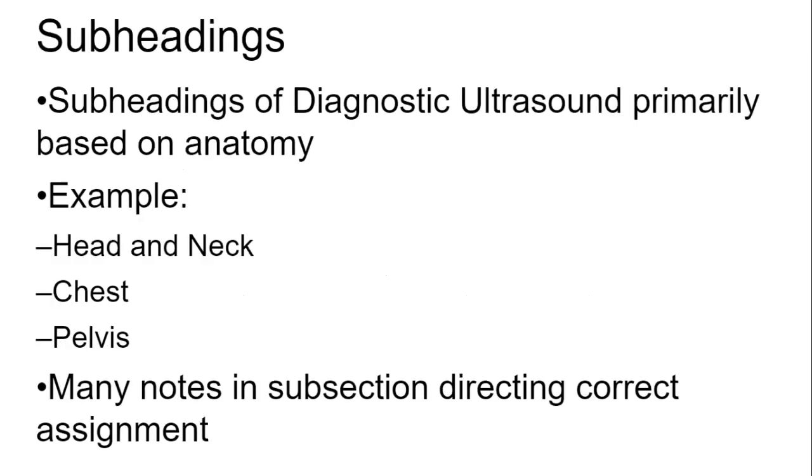Subheadings of diagnostic ultrasounds are primarily based on anatomy. For example, under diagnostic ultrasounds, you're going to see head and neck, chest, and pelvis. Many notes in this subsection direct correct assignment of codes.